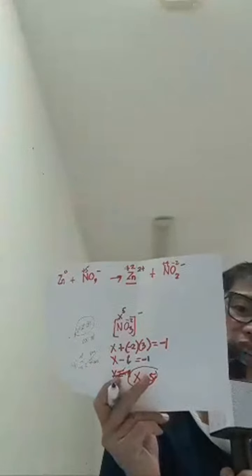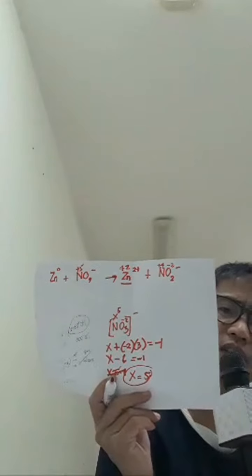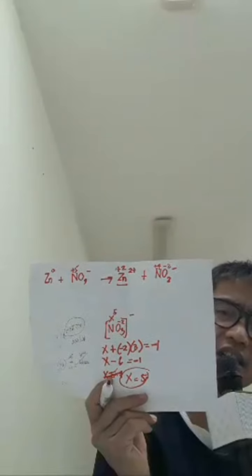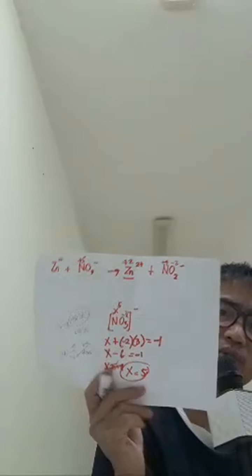Here, the increase in the oxidation number, could it be the zinc? Could it be the nitrogen? Or could it be the oxygen? Increase in the oxidation number. It's very obvious that it is the zinc, from 0 to 2.